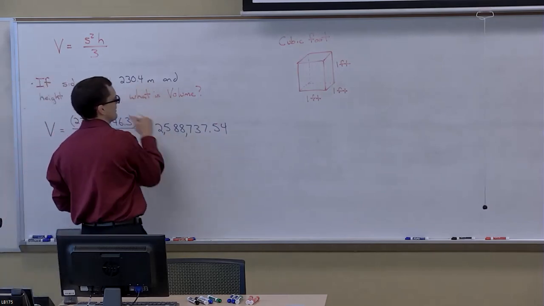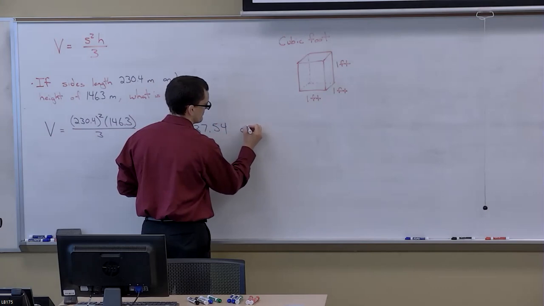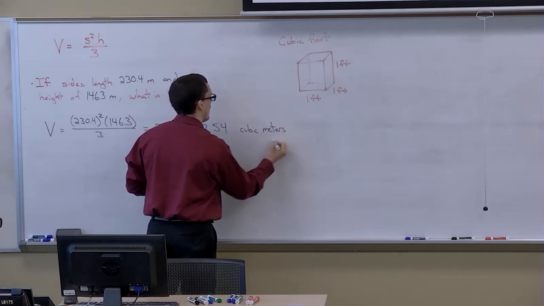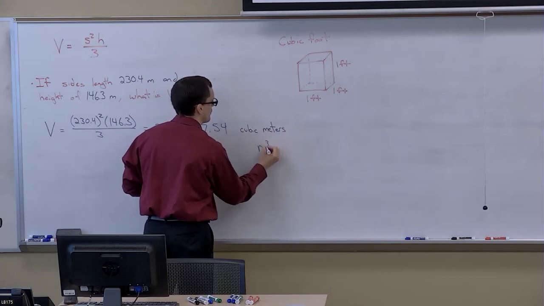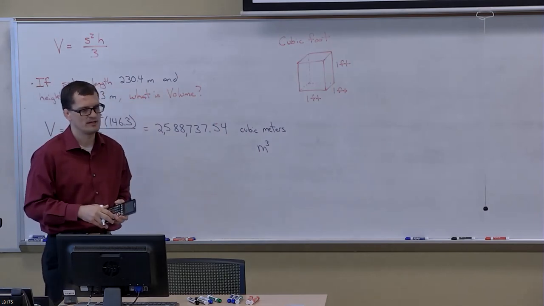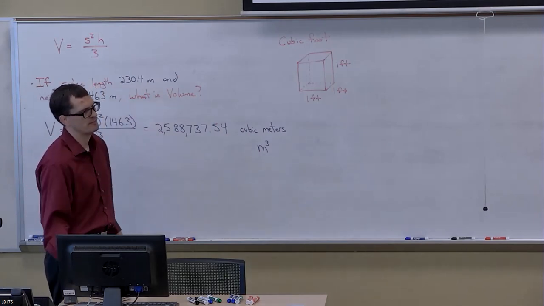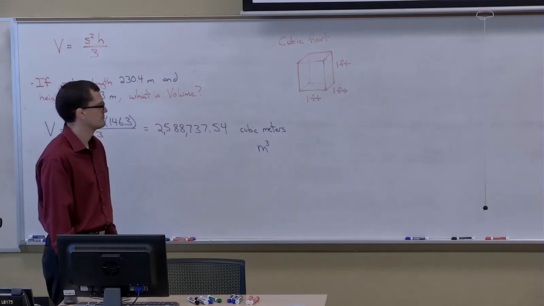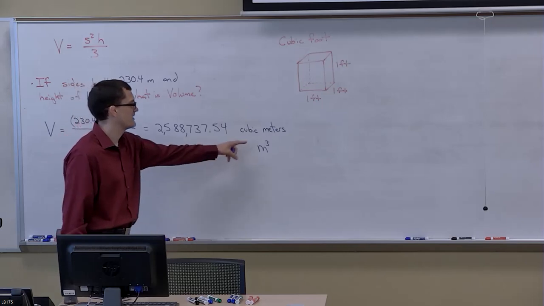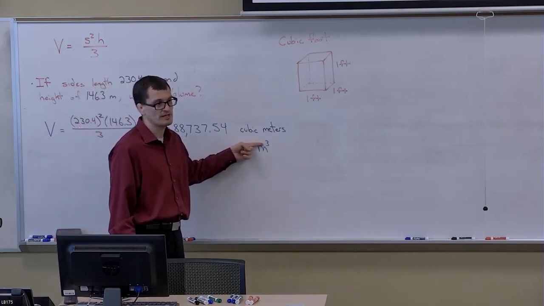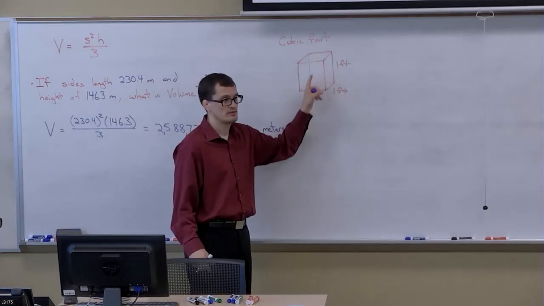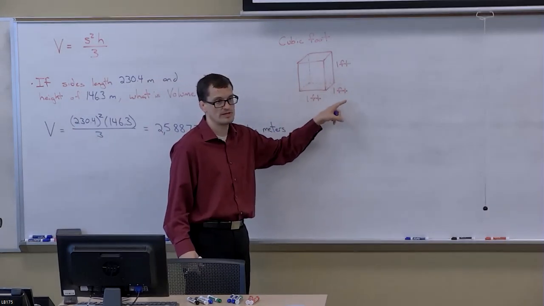And since these are in meters, this would be cubic meters. Also, a lot of people will write cubic meters as an m with an exponent of 3. M is the shorthand for meters. 3 is the shorthand for cubic, and the reason is because you have 3 dimensions: length, width, and height.